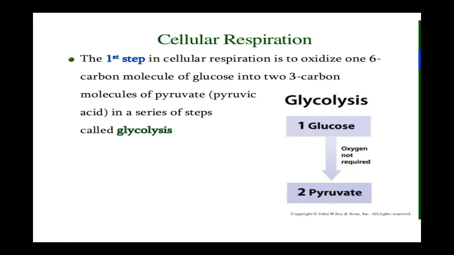And remember, this is breaking down, so you're also releasing energy, into 2 3-carbon molecules, which we call pyruvic acid. And it happens in the cytoplasm, and we call this process glycolysis. So glycolysis happens in the cytoplasm, and it produces 2 pyruvic acids.